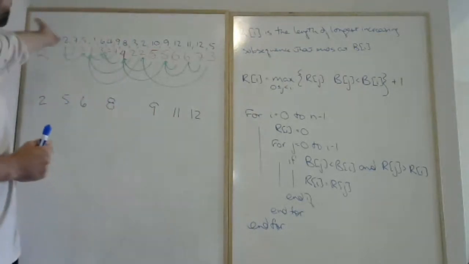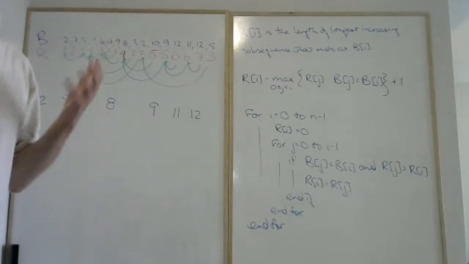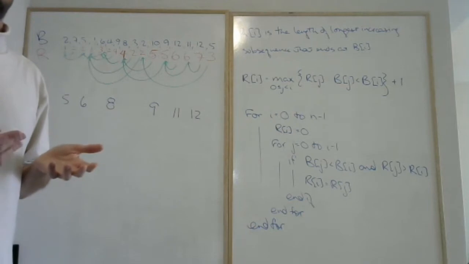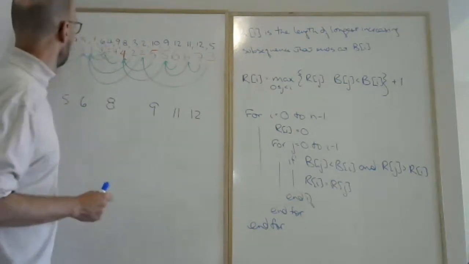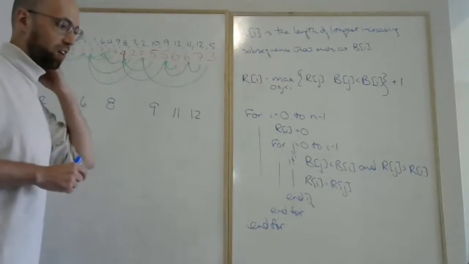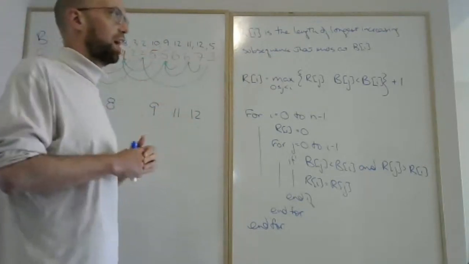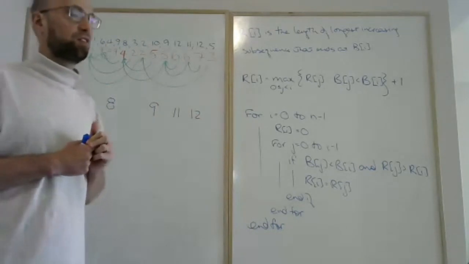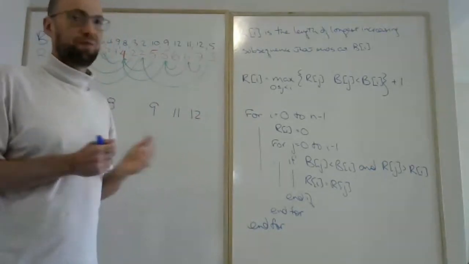B is the input. We are given B. B drops from the sky. So some user gives us some sequence of numbers, and we are asked to find the longest increasing subsequence. Why? Who knows?